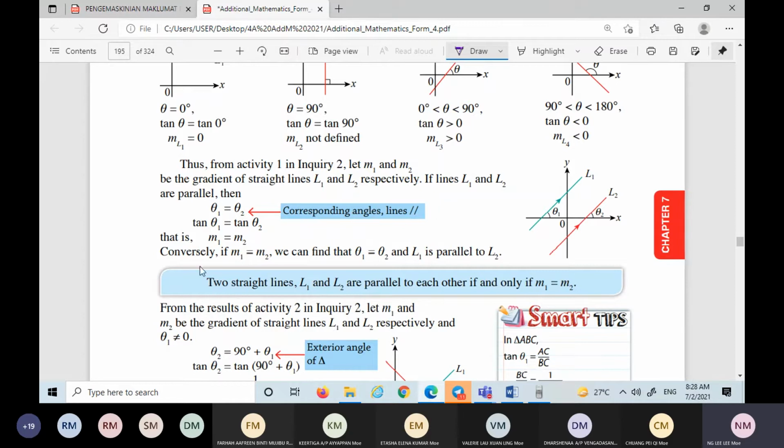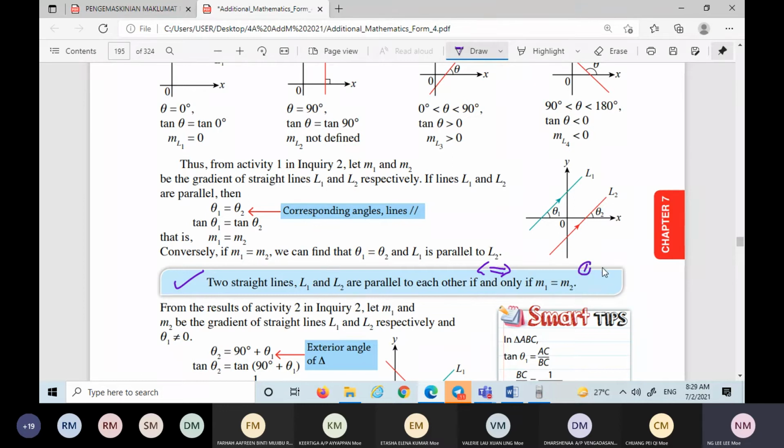So this one I want you to copy. Two straight lines L1 and L2 are parallel to each other if and only if m1 is equal to m2. If and only if has this meaning. I think in your chemistry you learn, or your modern maths will also teach, this type of meaning.